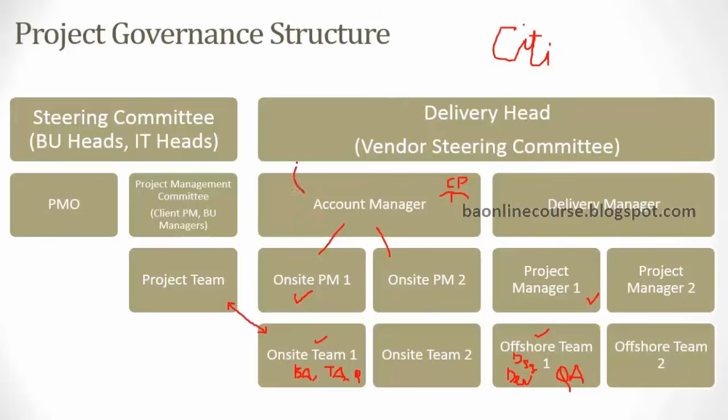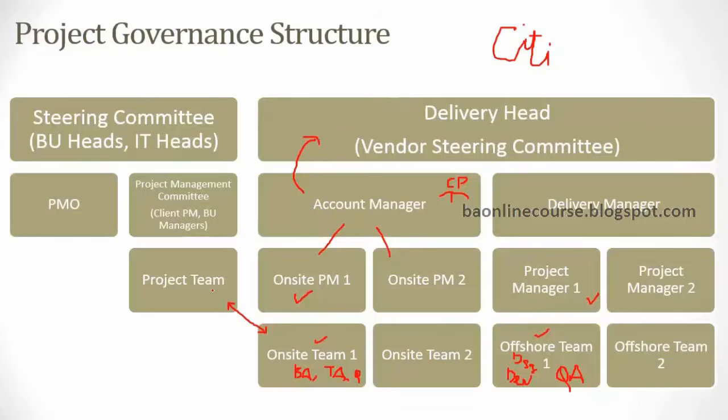Okay, and over and above them would be the delivery head, and then the overall unit heads, the vertical and horizontal heads. You will have the banking head, and then your Pega practice head. All those heads would be there as part of your final escalation, right?